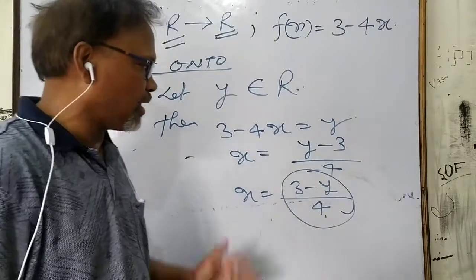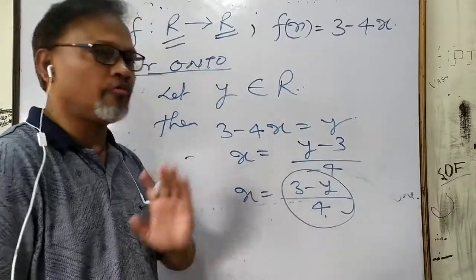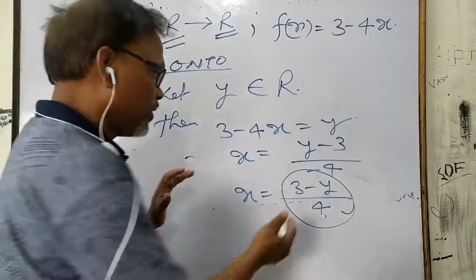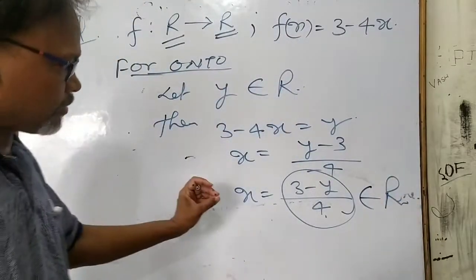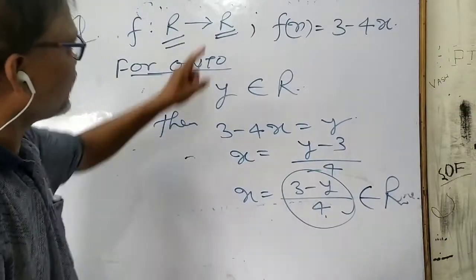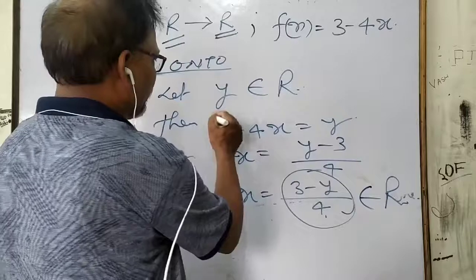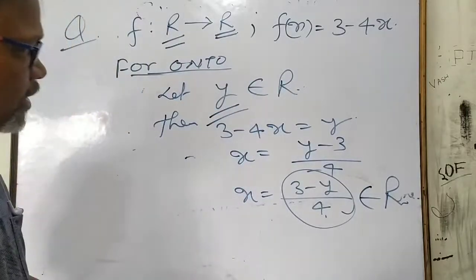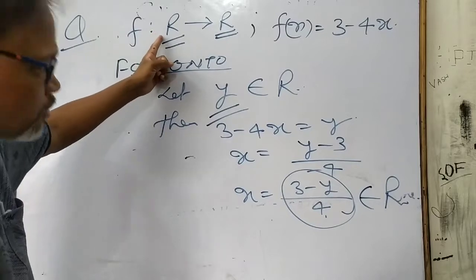Infinity means when any number is divided by 0, and this denominator cannot be 0 here, so you will not get infinity, and this x belongs to the real numbers. This means that for any real value y, we have a real number in the domain.